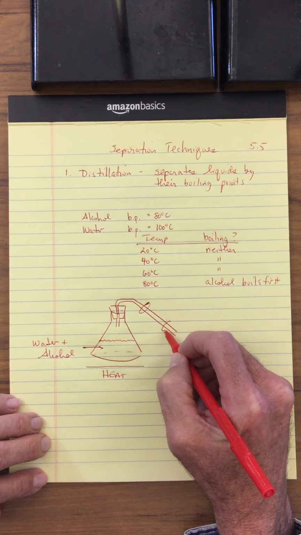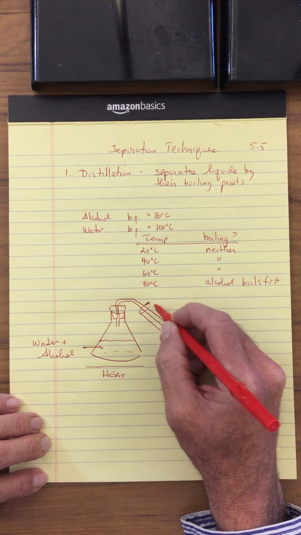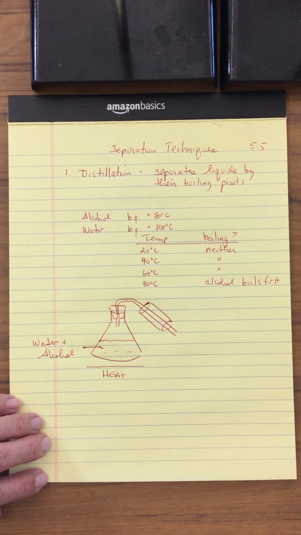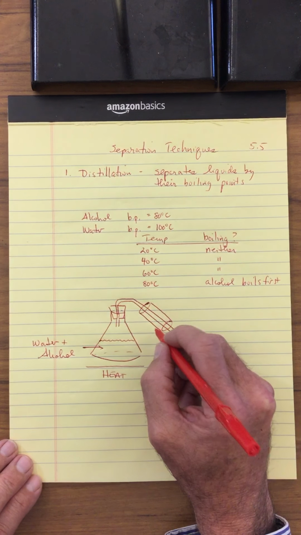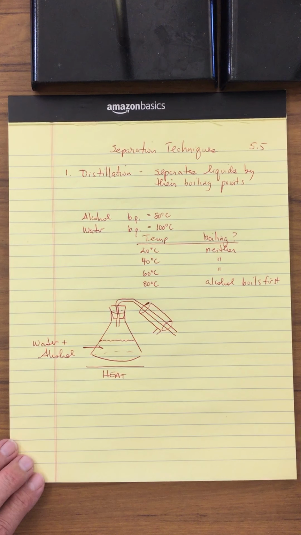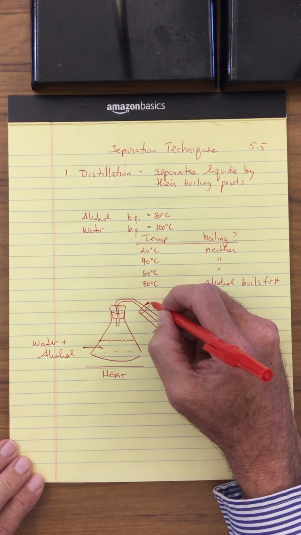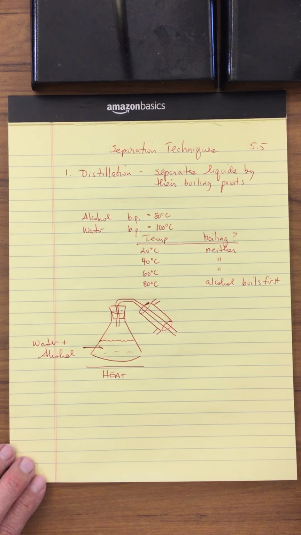Okay, it's like a cylinder. Okay, and it looks a little bit like this. And there are these two stems that stick off of this cylinder. One's on the bottom like this, and the other one is on the top like this.